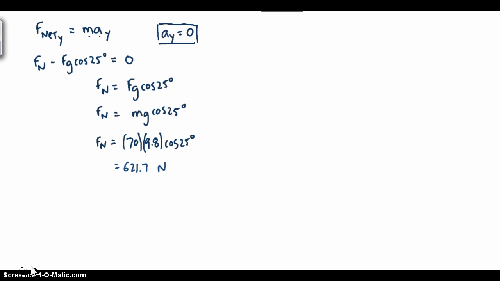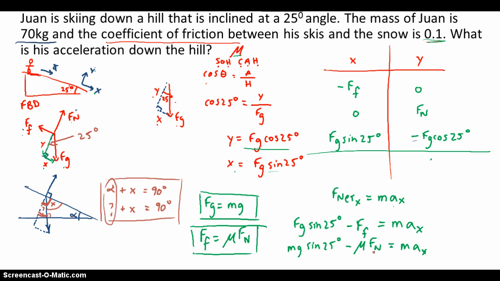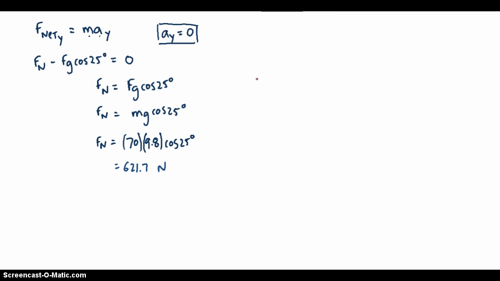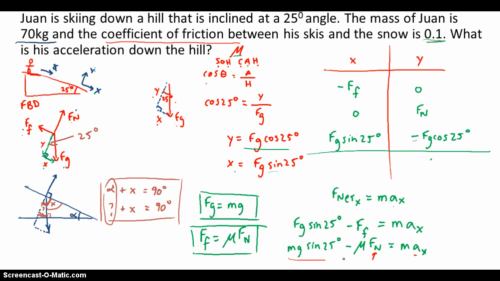So now what we're going to do is take that number and sub it back into this equation. Remember, we were trying to find the normal force so that we can solve this equation for the acceleration. So mg, let's go back and find what we wrote.